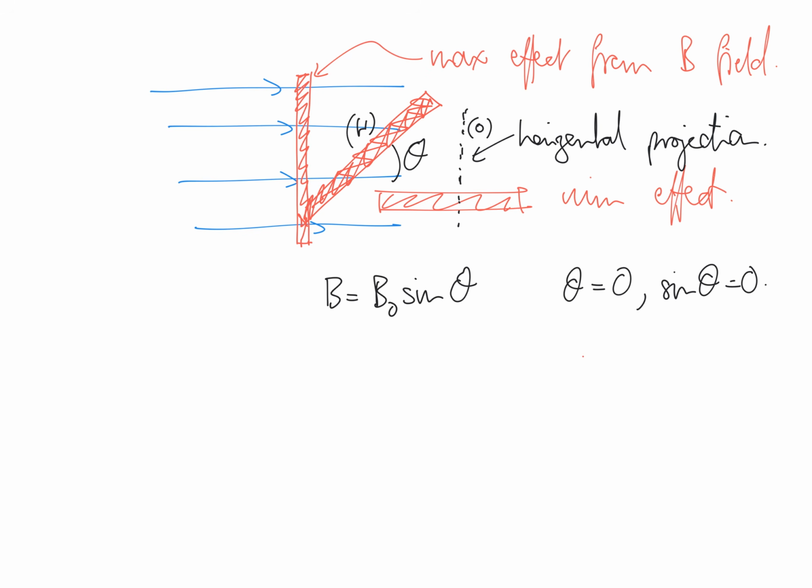Whereas when we're sitting at theta equals 90, sine 90 equals 1, and again, that gives us our maximum. Excellent. So what we're looking to do is have a magnetic field set up and then slowly move our search coil or Hall probe through a range of angles to see what happens.